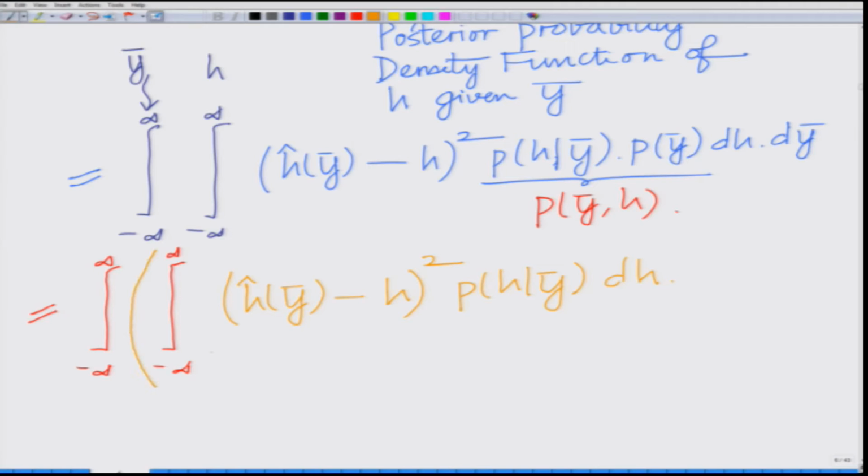Now, I am going to take all the quantities that depend on y bar, because P of y bar depends only on y bar. I can remove it from the inner integral, which depends only on h.